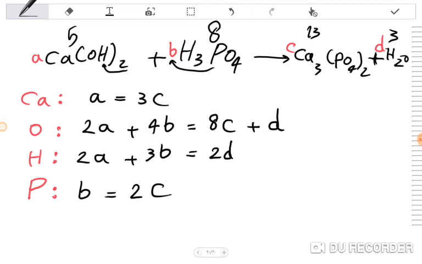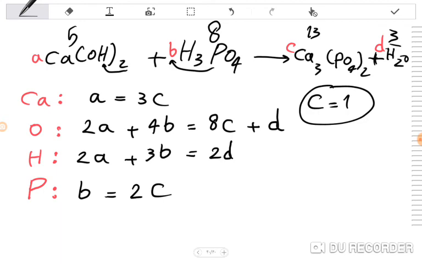Before, I told you that you have to take one of the coefficients equal to 1. Luckily, we take C equal to 1 because Ca3(PO4)2 has 13 atoms, H3PO4 has 8 atoms, then 5 atoms, and 3 atoms.